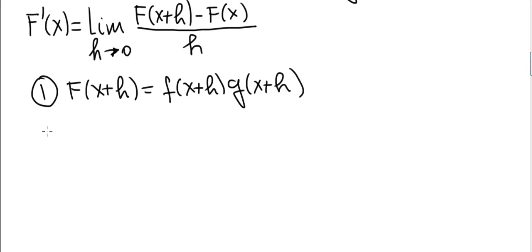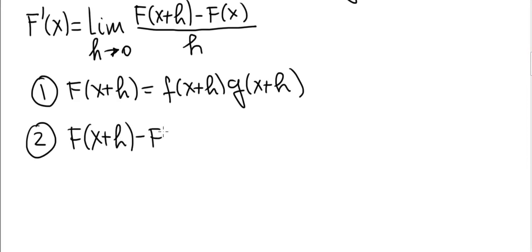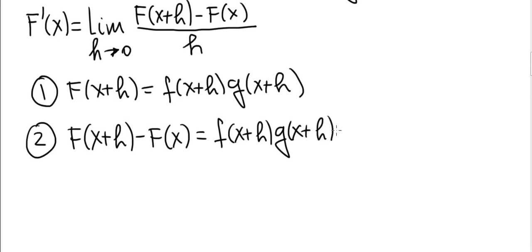The second step is to write capital F of x plus h minus capital F of x, and that's little f of x plus h times little g of x plus h, minus the product of little f with g. Now we can't do anything here, we can't factor at all, but let's do the following.